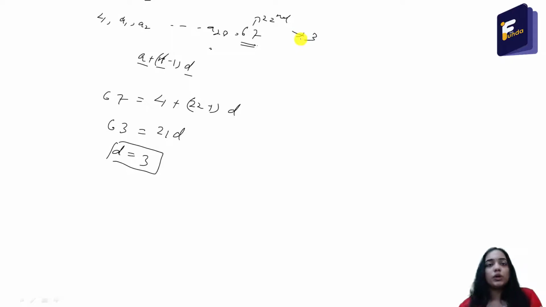So what are the terms A1, A2, A3? A1 is 4 plus 3, that is 7.